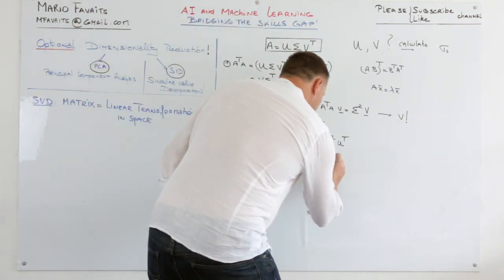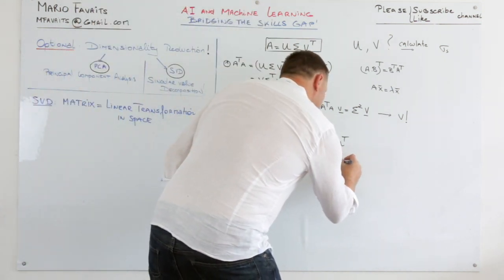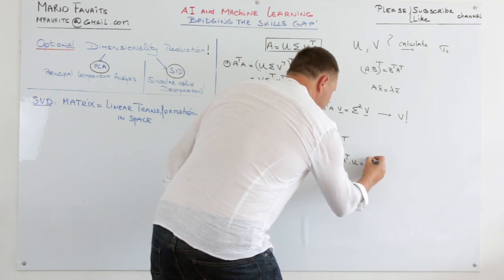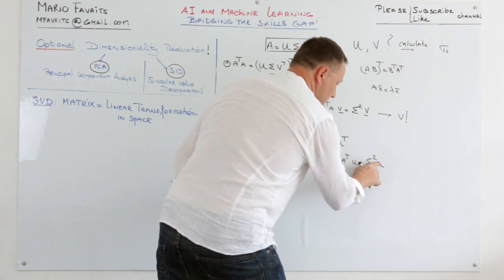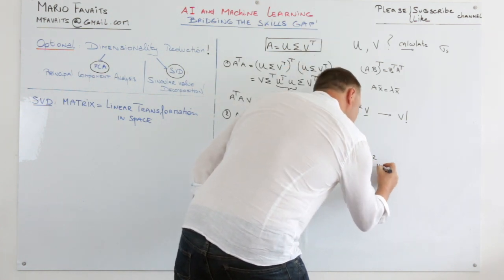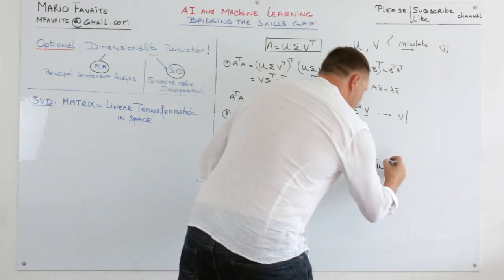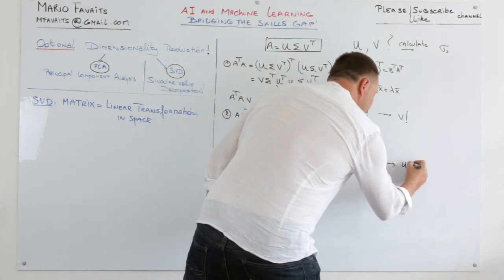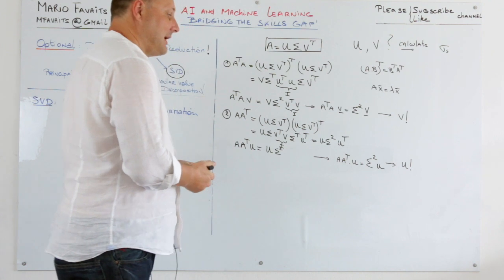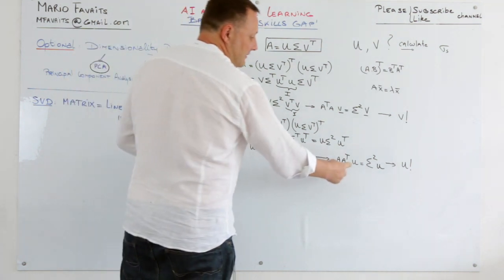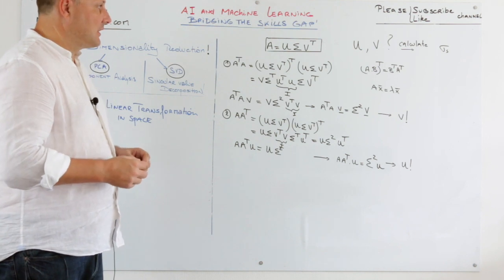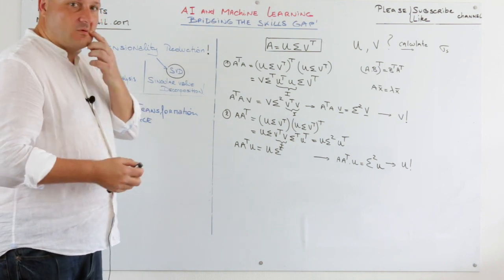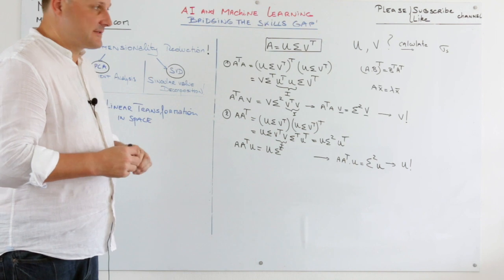So here we have A A transpose working on a vector U equals sigma squared U. So from this we can calculate U, because again, U is an eigenvector of A A transpose. So this will allow us to calculate the sigmas.